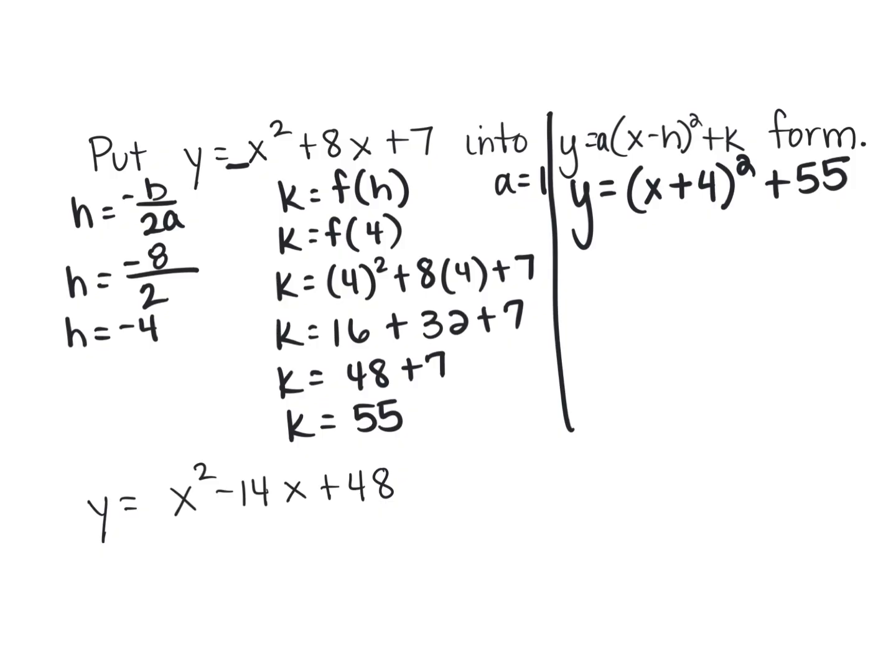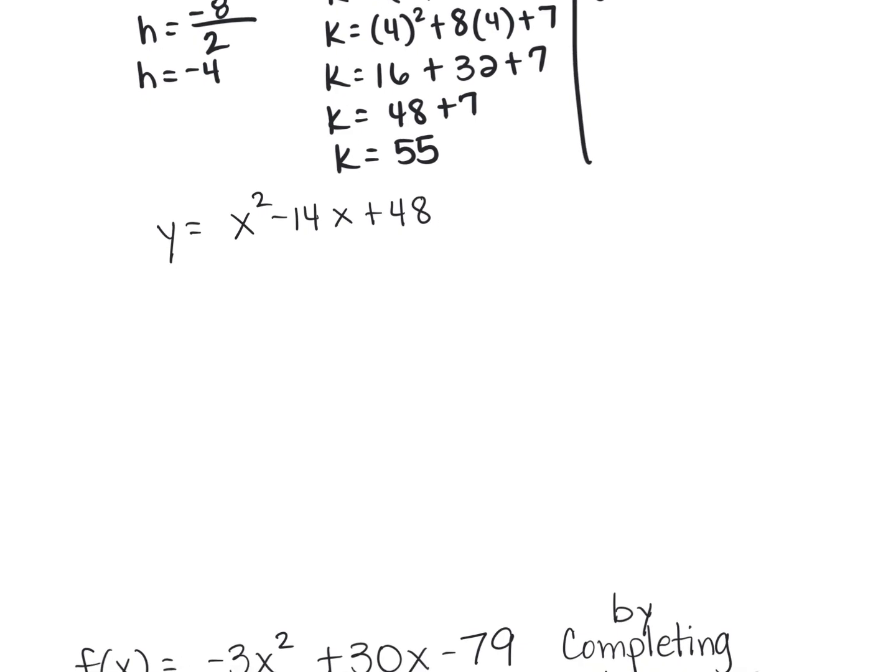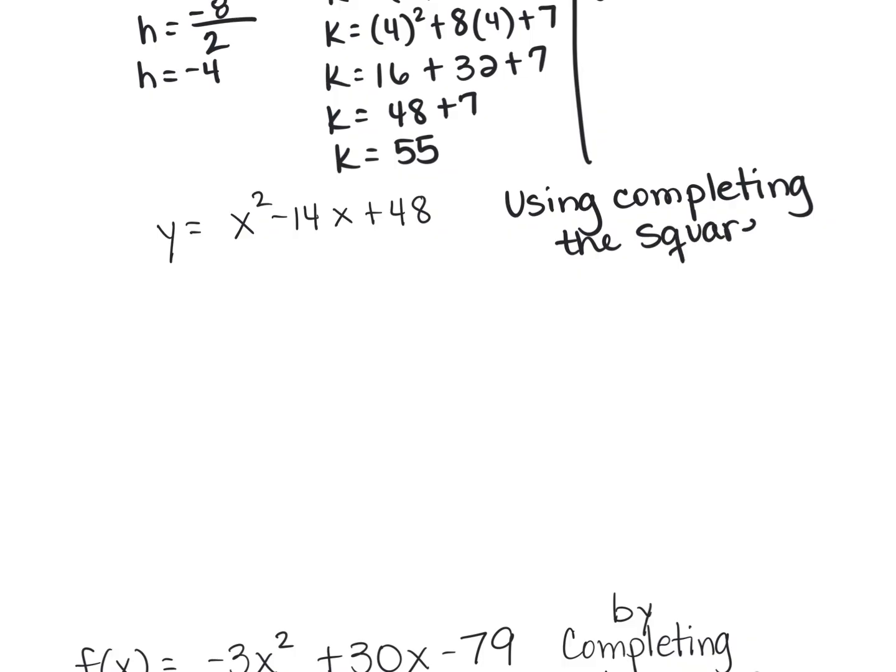Now, on the next one, I'm going to do it the other way, okay? So this one, we are going to put it in vertex form using completing the square. And you do have a homework question that says, by completing the square. So you will have to at least do this once on your homework.